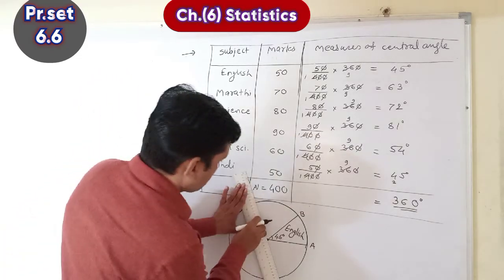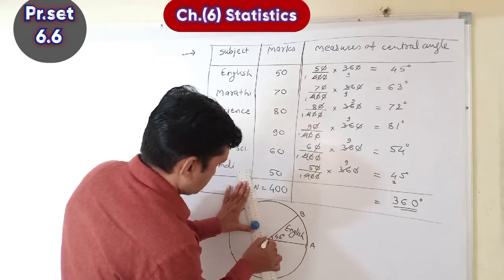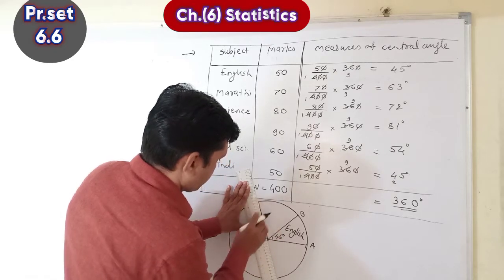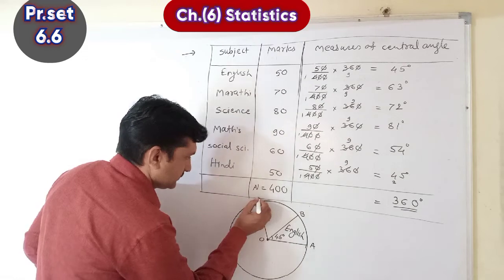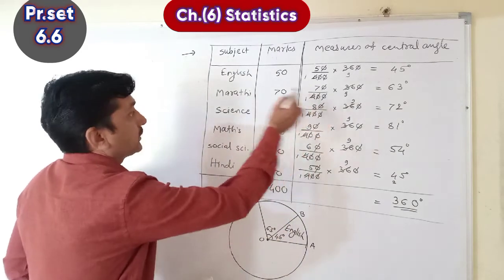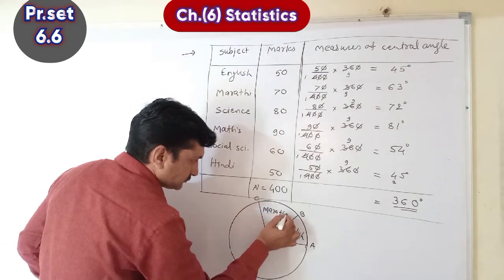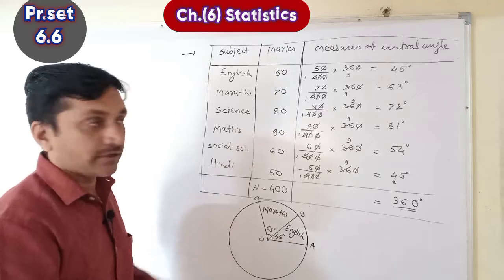Okay, now I draw radius. Here I write C, 63 degree, and subject is Marathi. Second angle is drawn.